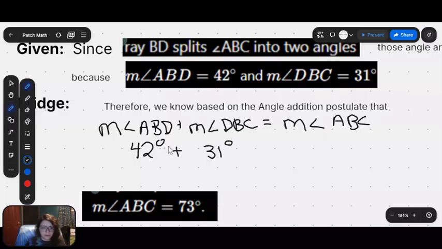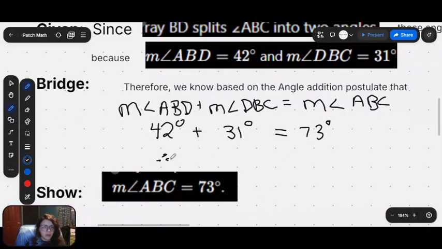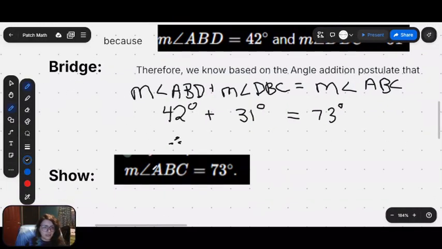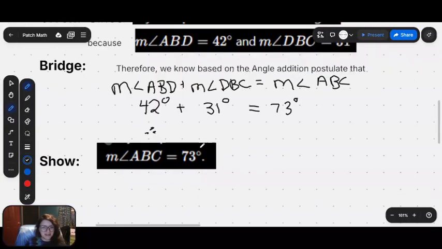We know that 42 degrees plus 31 degrees equals 73 degrees. Therefore, that's just a therefore symbol, three dots. We proved that the measure of angle ABC is 73 degrees based on the angle addition postulate.